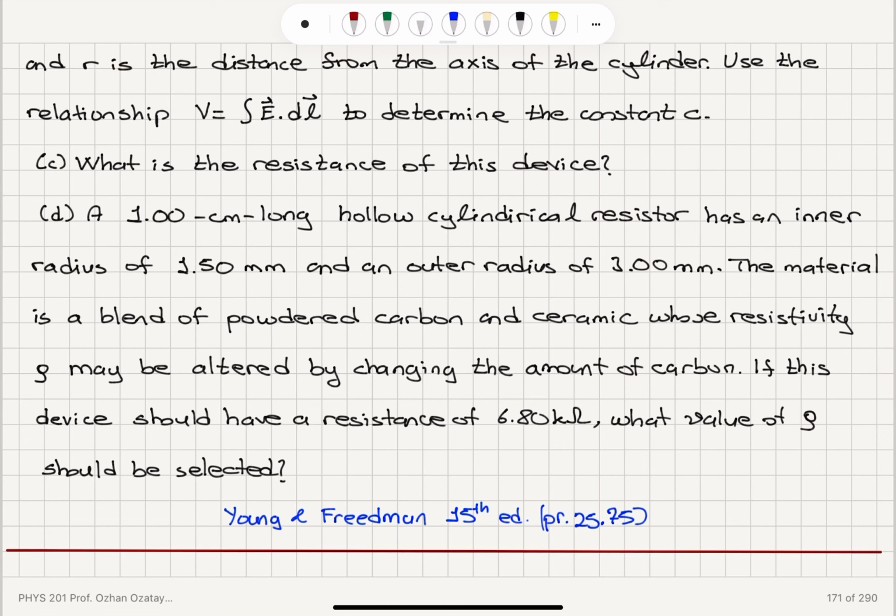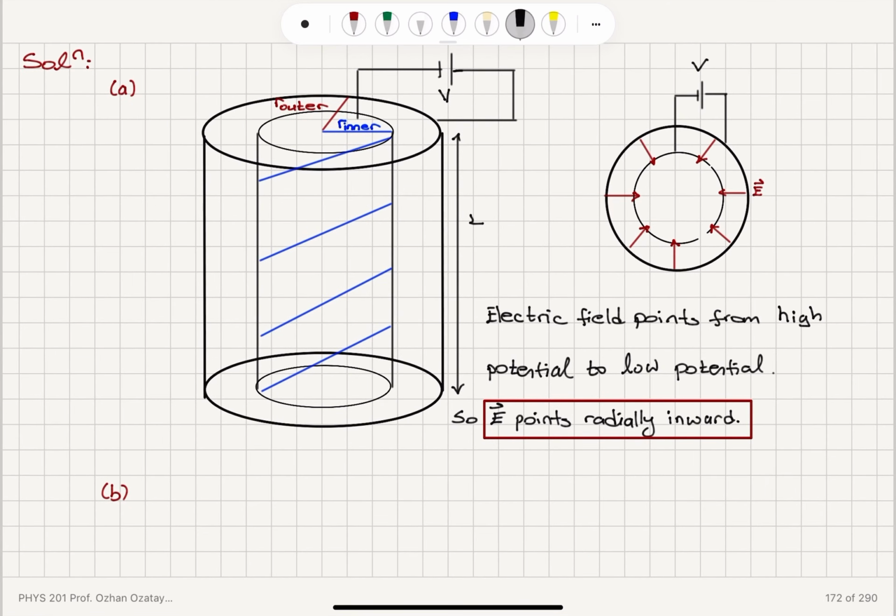Use the relationship potential is equal to the integral of E dot dl, a path integral, to determine the constant C. Now the electric field is given as minus C over R, where C is a constant and R is the radial distance from the center, in the minus R hat direction, because I define the radially outward direction as R hat.